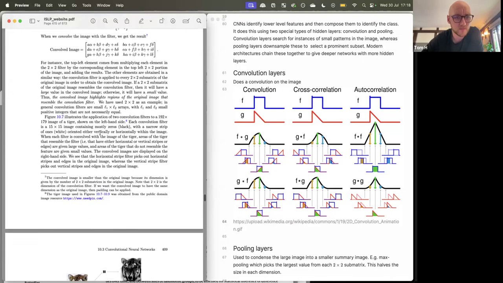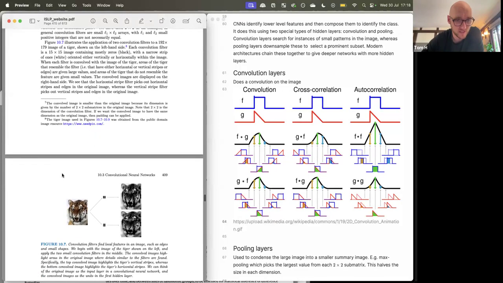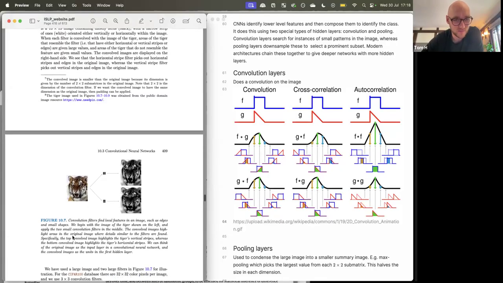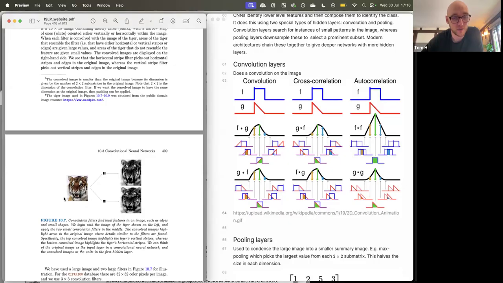They give a nice example of filters that pick out things that are more vertical and more horizontal, by using a filter that looks vertical and a filter that looks horizontal. I think that starts to show how the network might learn features, or what's important, because it does select that information from the image in some sense.